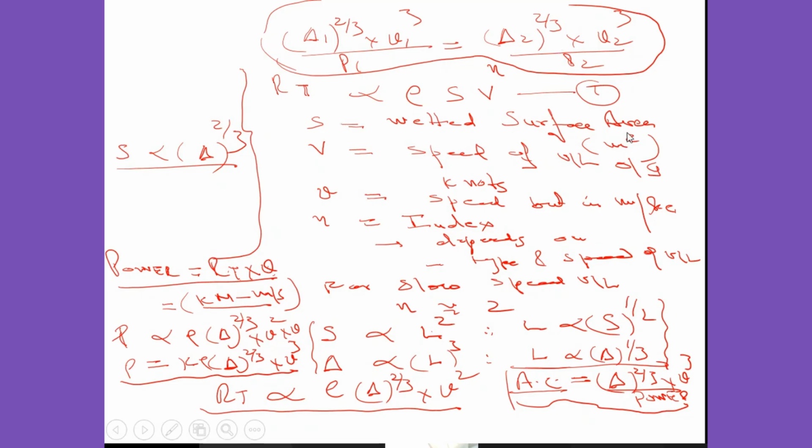So this relationship helps us in calculating any one of the factors if I know the other factors. For example, if the vessel is underway in an open sea in the same voyage, displacement is not changing, so I can cancel this. Delta 1 will be same as delta 2. If I change P1 to P2, and I was operating at 12 knots or 30 knots, I can know immediately what will be the new speed. So this is the relationship which is called Admiralty coefficient. Admiralty coefficient is delta raised to power 2 by 3 into V cube over power.